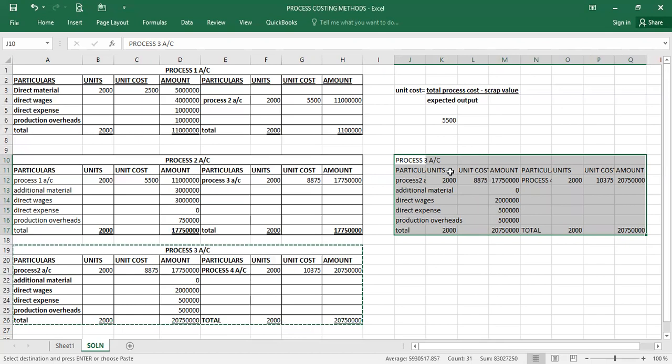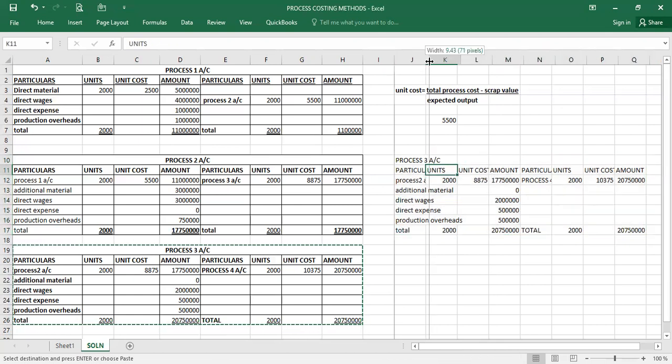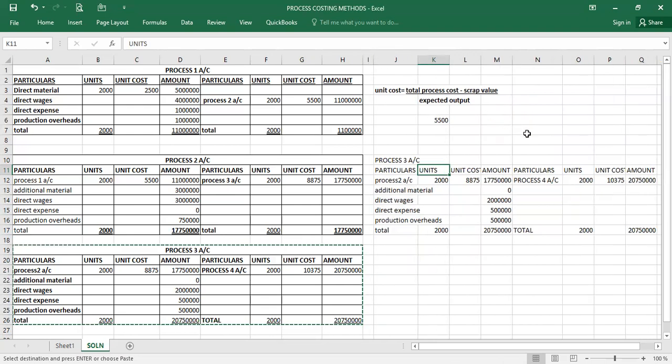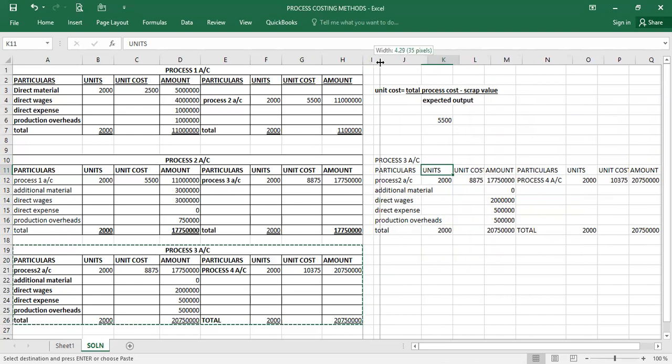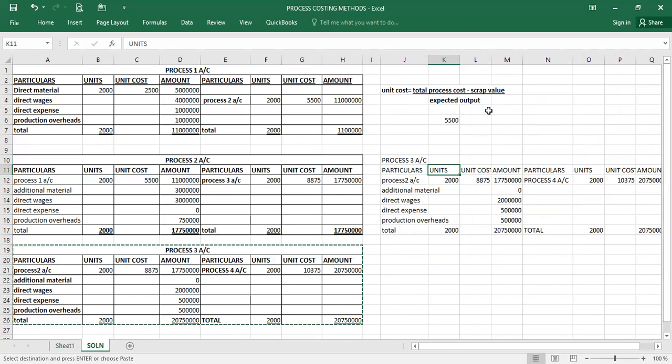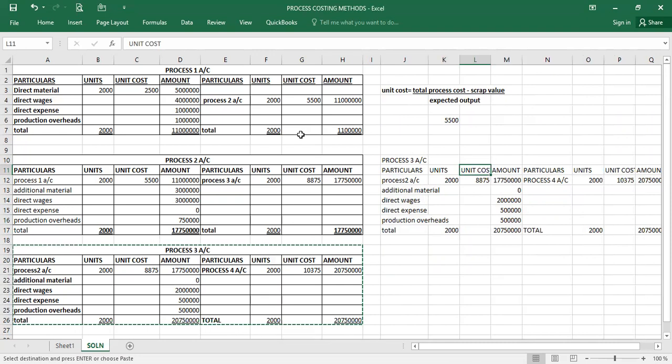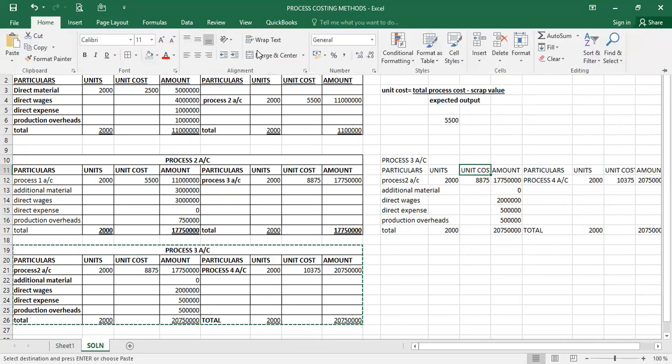Try to enlarge this one, the particulars, at least for it, it needs to be big. And this one. Can try to change this. Oh, sorry, I can't wrap.